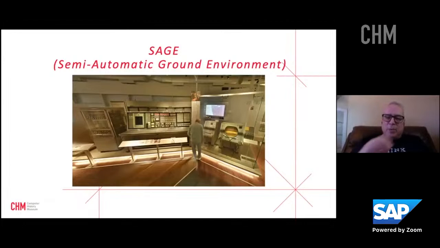And so SAGE was made up of 23 blockhouses stationed across the United States and one in Canada in North Bay, Ontario, which is in fact where we got ours. It was the last running SAGE system in 1982. SAGE was built out of 2 giant computers. Each blockhouse had a duplex computer, twin CPUs, each with 30,000 vacuum tubes, so 60,000 vacuum tubes in total.